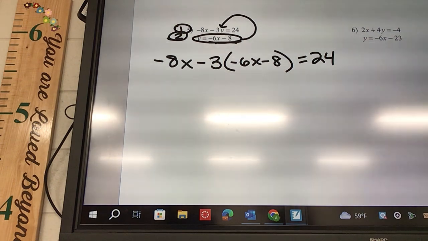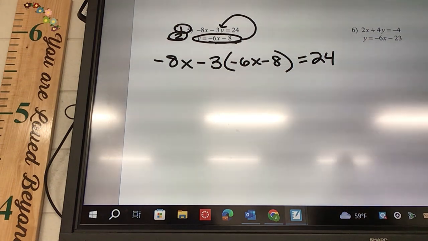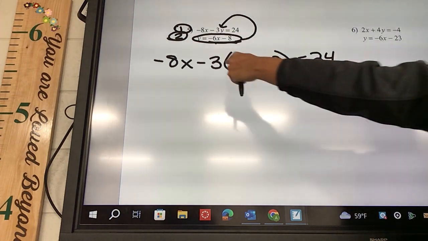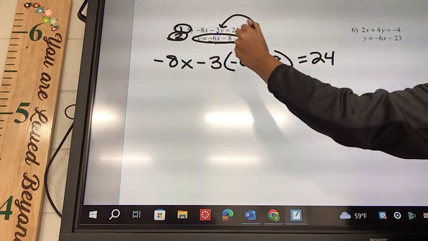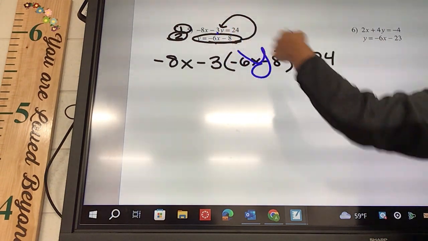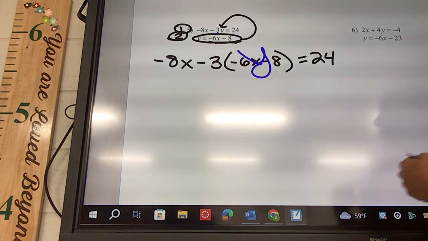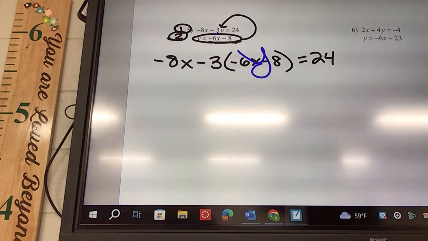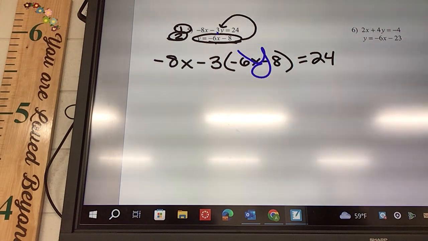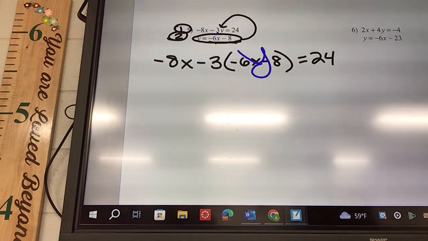Although that looks confusing, if you would put right here, this says negative 3y, this is the same, equals 24. If you like to use the y and then go back through and erase, that's totally fine. Leave yourself a little more room though, okay?